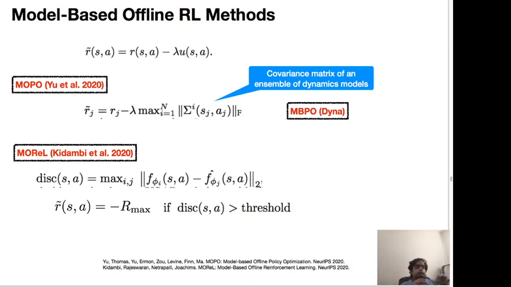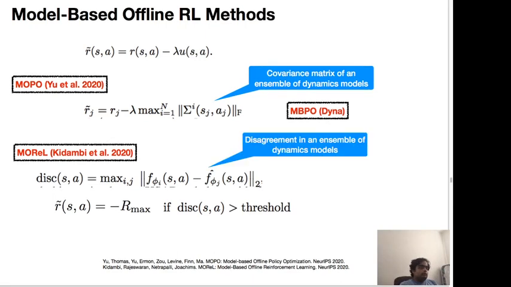So it's more step-function-like behavior with MOReL, whereas MOPO is a bit more continuous. And then it uses simple planning to optimize for this reward function.